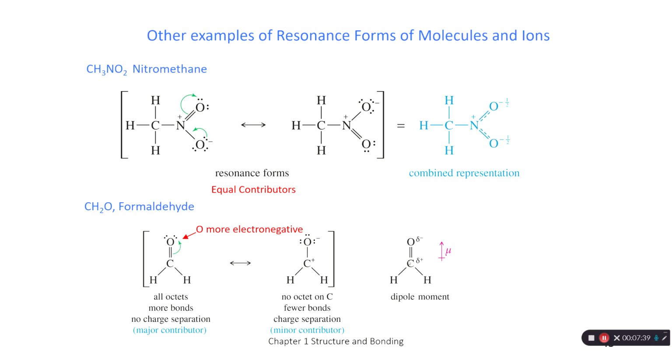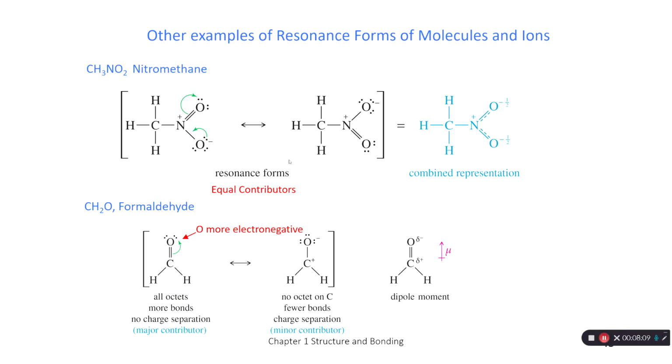And perhaps the best way to indicate this is to simply draw the covalent molecule like we did at the beginning over here, but indicate that the oxygen has a partial negative charge on it and the carbon has a partial positive charge on it, with a molecular dipole in the direction indicated here. So we have 2 resonance forms, a major and a minor contributor to that formaldehyde structure.